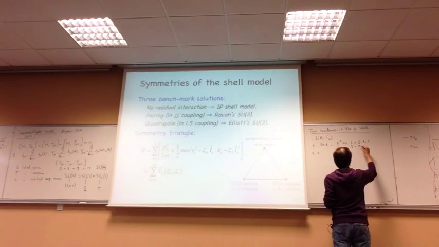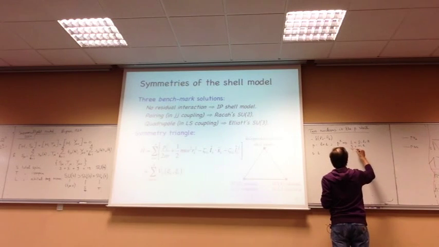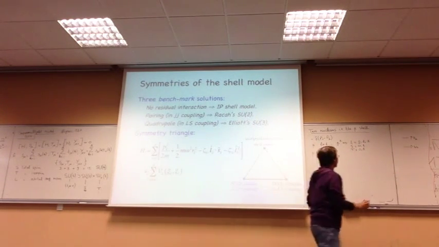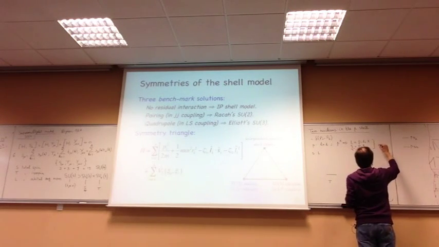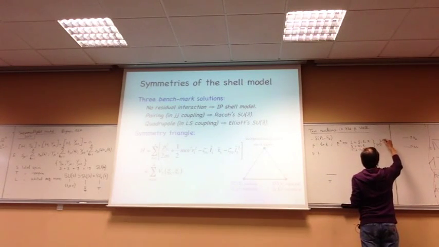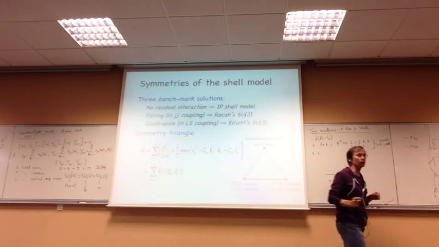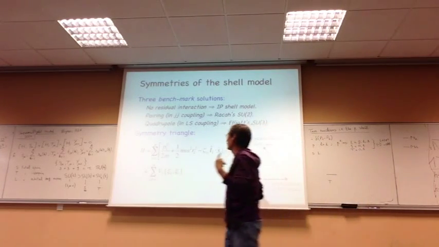S equals 0 or 1, and then T equals 0 or 1. The isospins, same thing. Then remember the rule: this must be odd. This is something we derived in the first lecture.